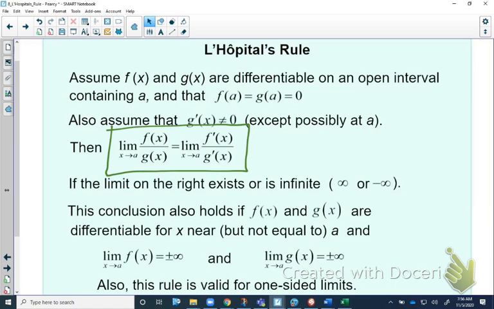This is the heart of what L'Hopital's rule is: the limit as x approaches a, or I think some examples are going to say as x approaches c, but you get the idea, it's just some number on the x-axis, is that if I take the derivative of the numerator and the denominator and then do my substitution to evaluate the limit of the function, they actually work out to be the same thing.